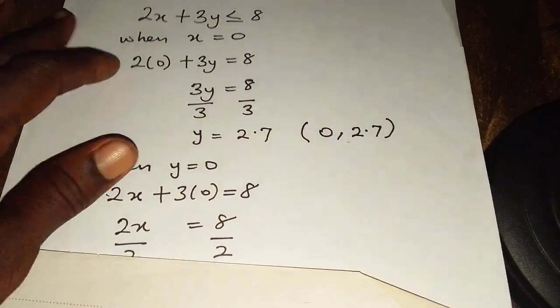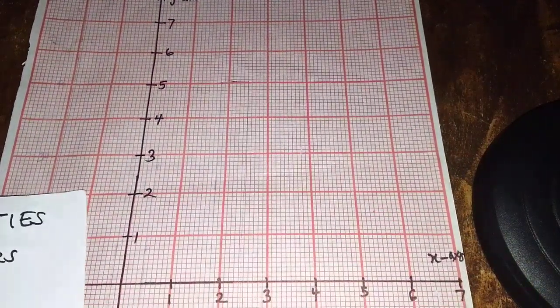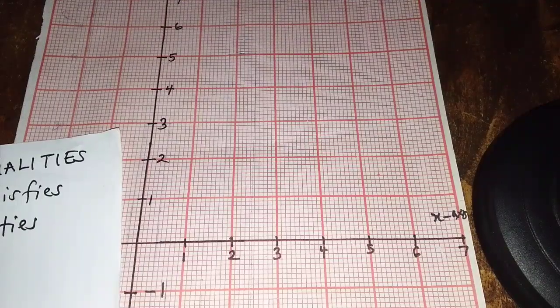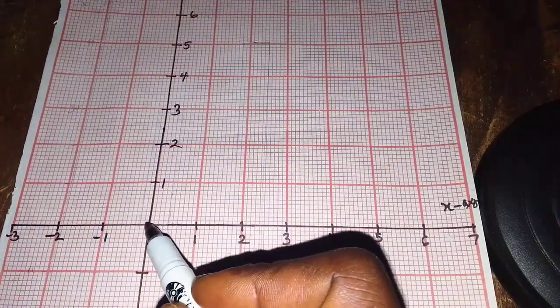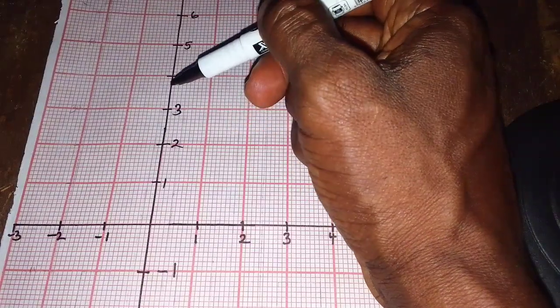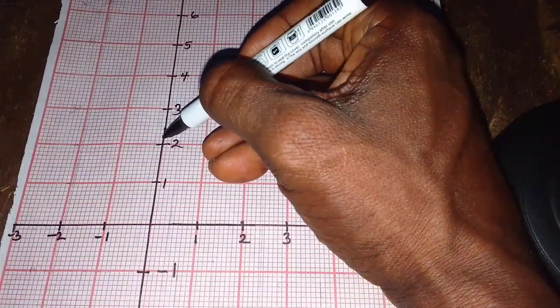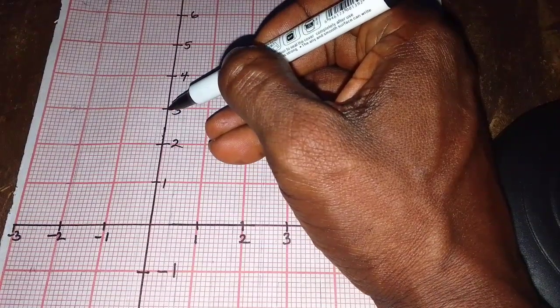Now let us try to plot these coordinates. When x is 0, y is 2.7. If I use 2 centimeters to represent 1 unit, then one small line here is 0.1.